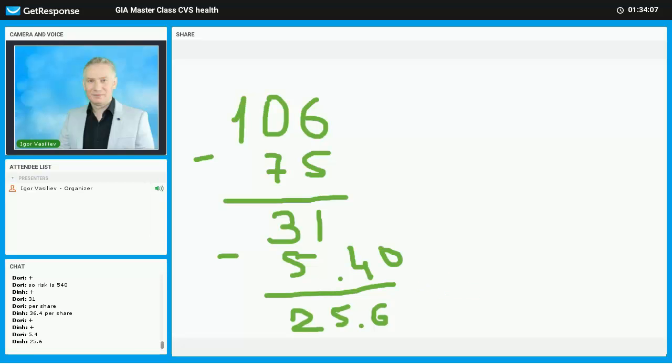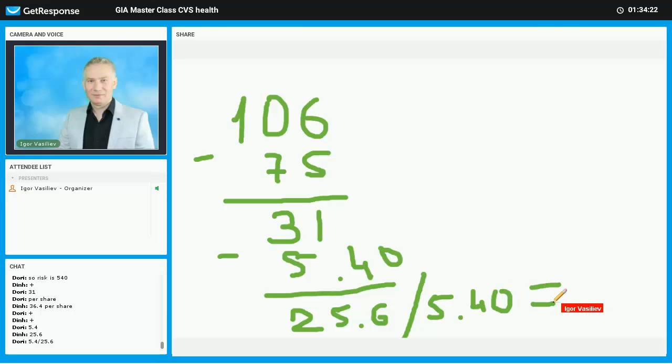Now, how do we calculate our percentage? What we do is divide it by our investment, which is $5.40. No, $25 we divide by 5.40.